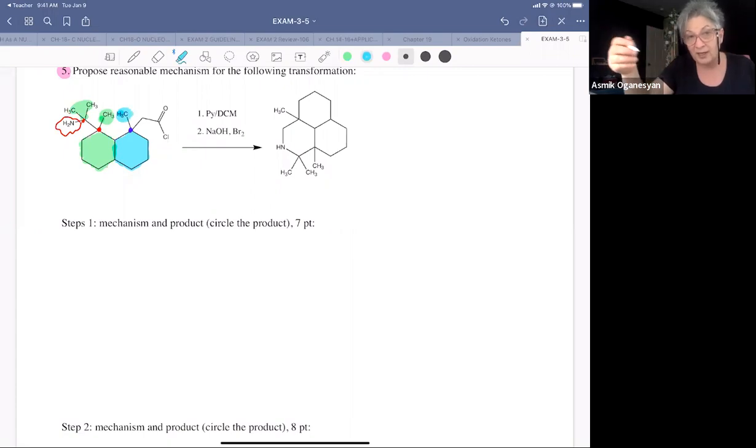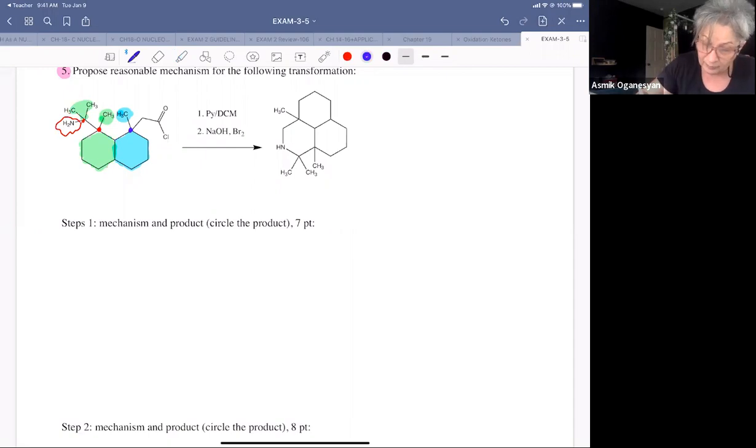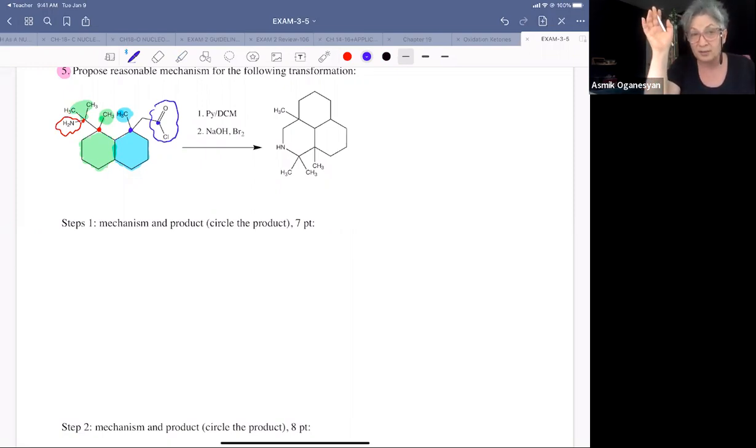And then I have 1 carbon away, I have an acyl chloride functional group. So by just looking at this setting, I can see that on the green ring, I have a nucleophile. And on the blue ring, I have my electrophile. Electrophilic and nucleophilic atoms are being identified.